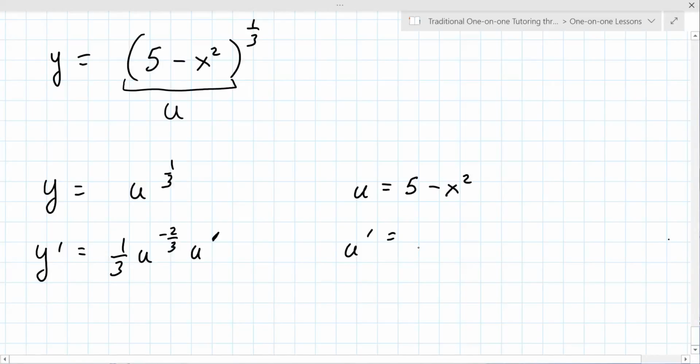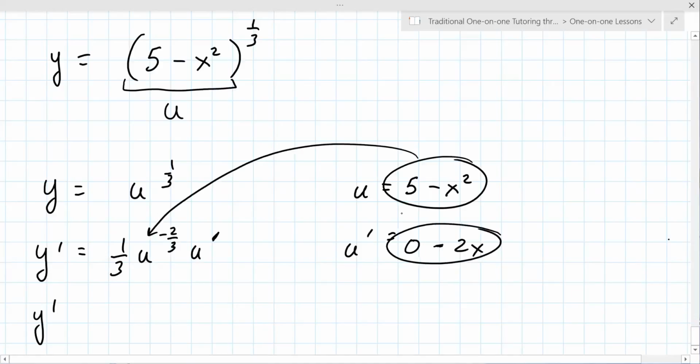So the derivative of 5 is 0. So minus 2x. Minus 2x. All right, so now you take this 5 minus x squared and put it in for u.